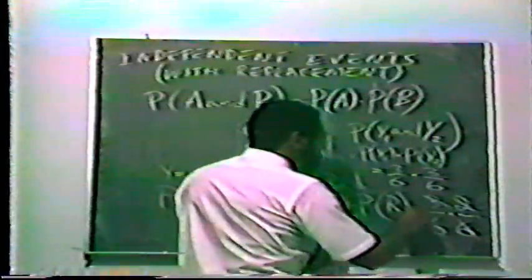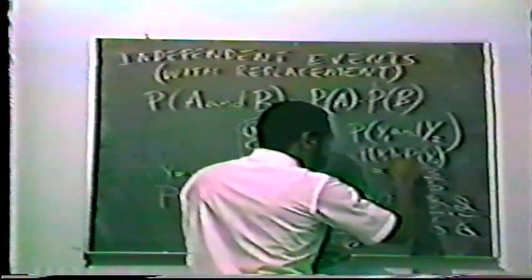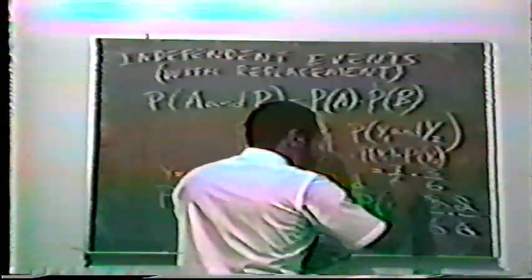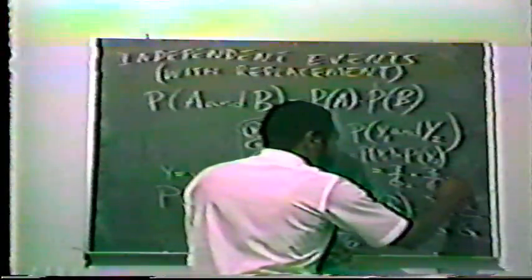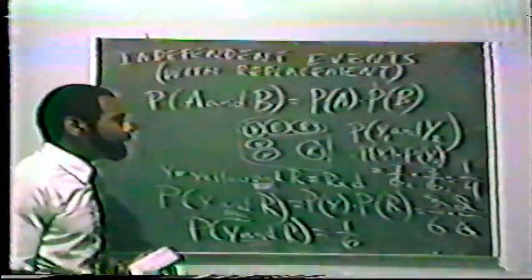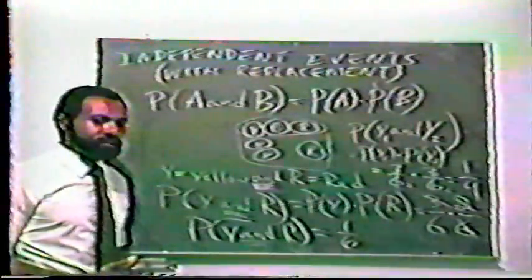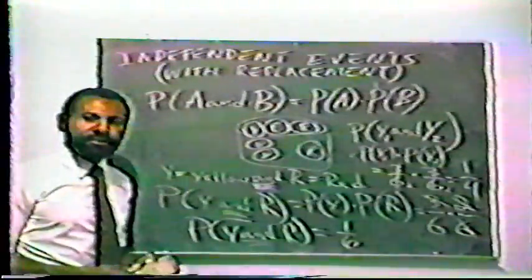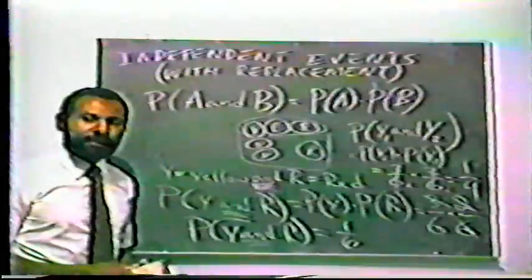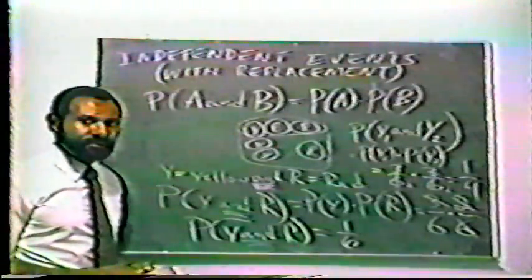And then, of course, we can reduce that, and that would give us 1/4. So the probability of getting a yellow ball on both trials would be equal to 1/4. And of course, you need to take these fractions and change them into decimals and then into percents.